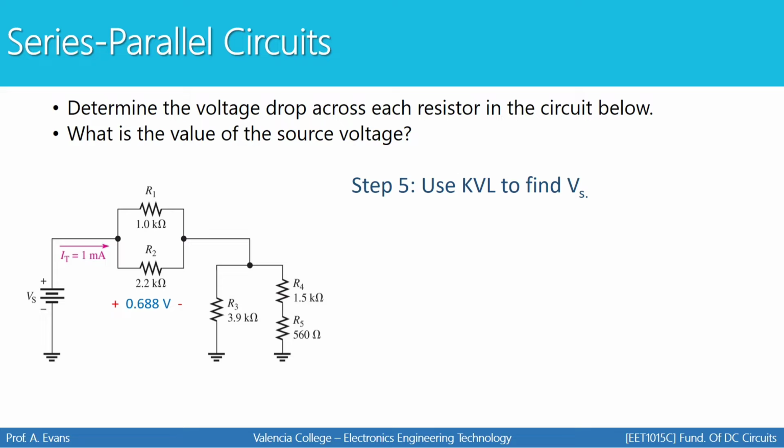First of all, I'm going to add to my diagram the voltage drops for R2 and R3, because this right here forms a closed loop.